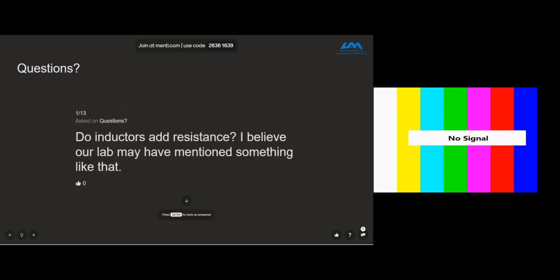Do inductors add resistance? What's the term? Not just resistance. Electrical engineers use it. I only use it in one of my classes. Impedance, yes. If you relate everything back to impedance, like resistance, then inductors do have an intrinsic impedance.